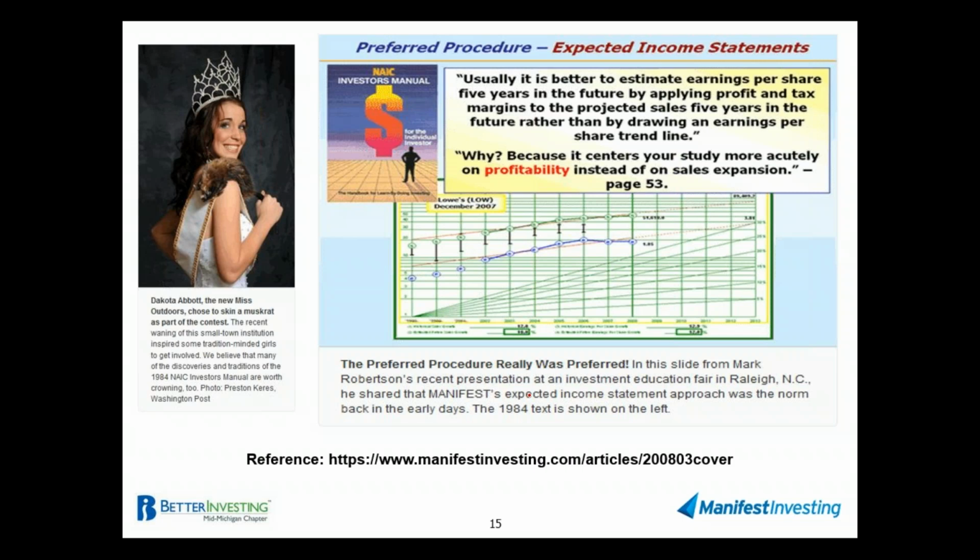The thumbnail is a good thing, but when you really dig into the company, as Ken was just saying, you want to have a deeper understanding of profitability and life cycle based PE selections, all that kind of stuff. The preferred procedure was preferred.